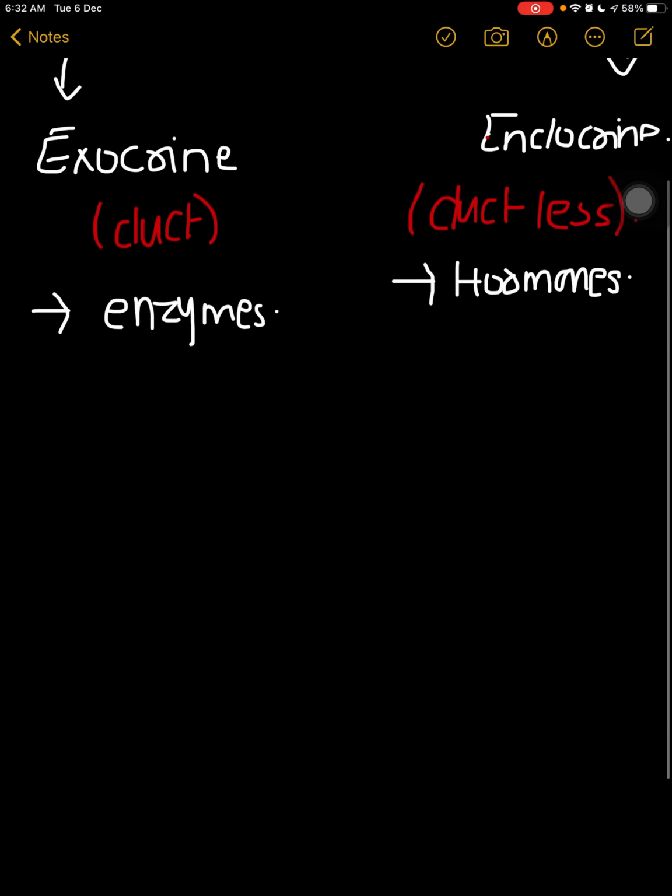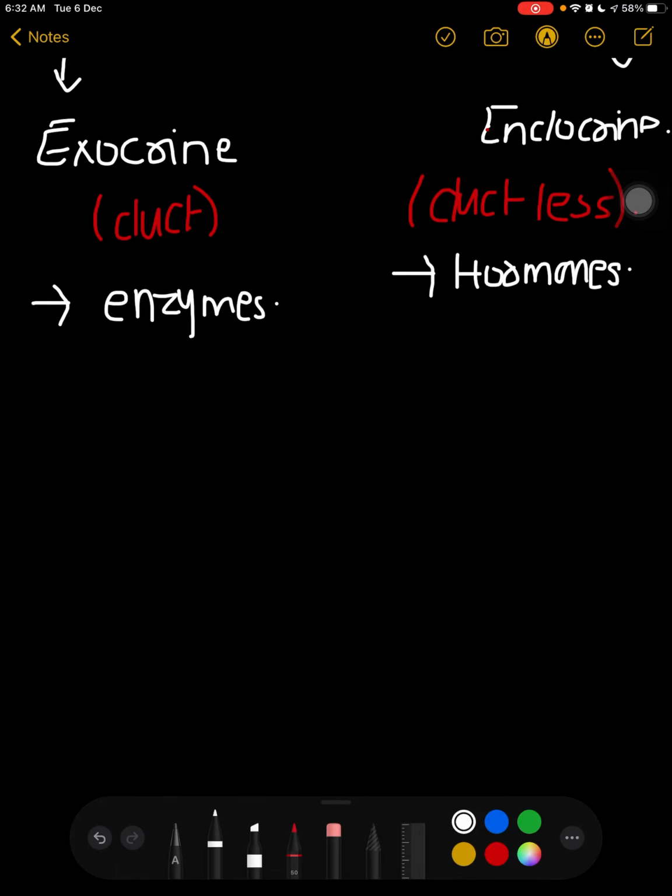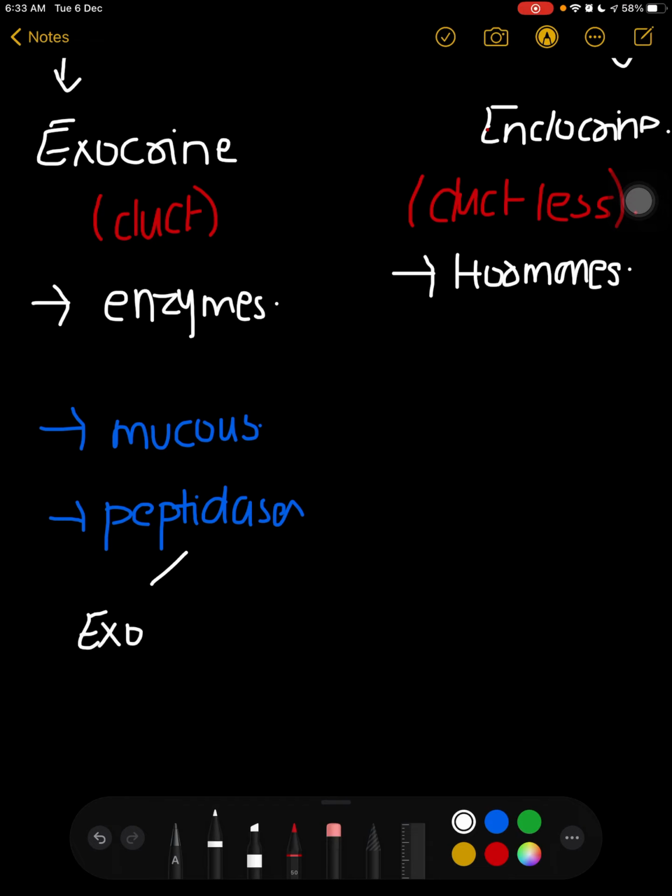First, this exocrine gland will secrete mucus, which is not an enzyme, but it will be present for the process of lubrication, to soften the food. Second, there are some enzymes known as peptidases. These can be exopeptidases and endopeptidases too.